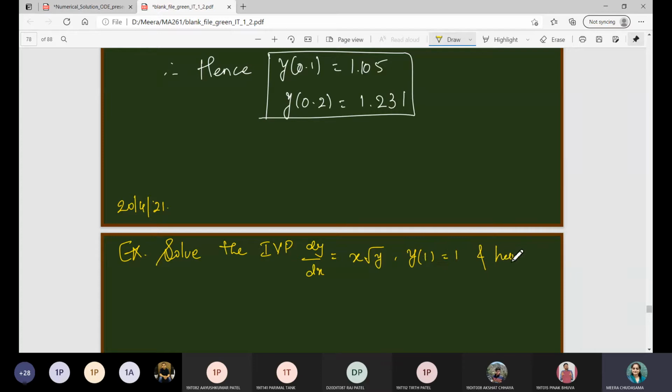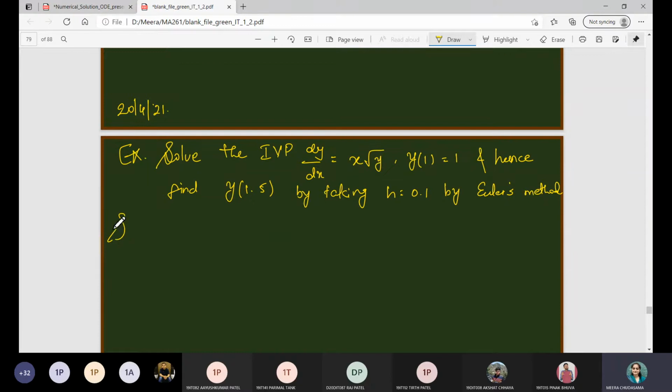Hence find y at 1.5 by taking h is equal to 0.1 by Euler's method. Let us start with the solution.